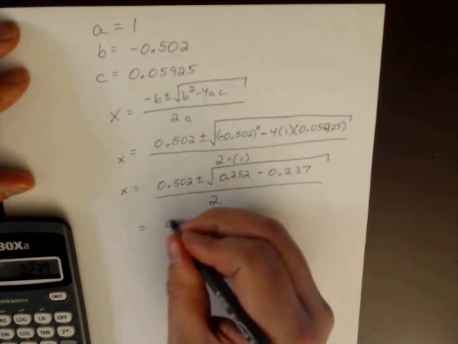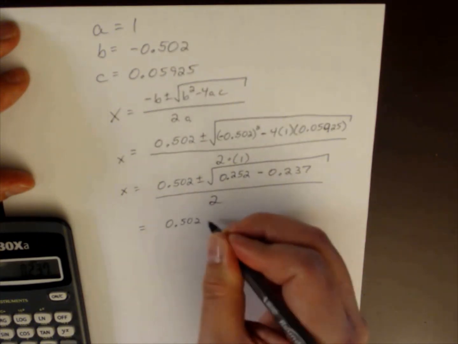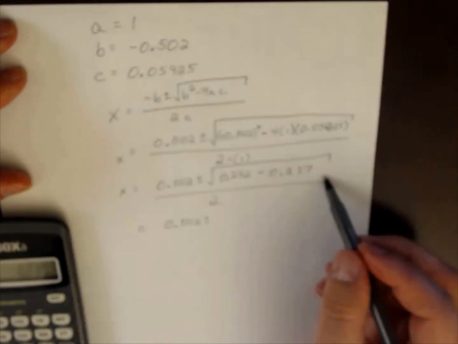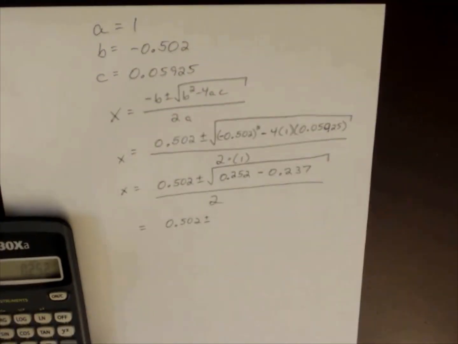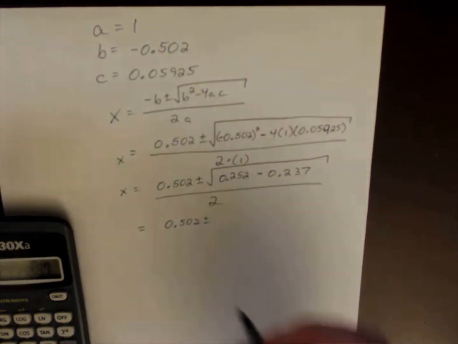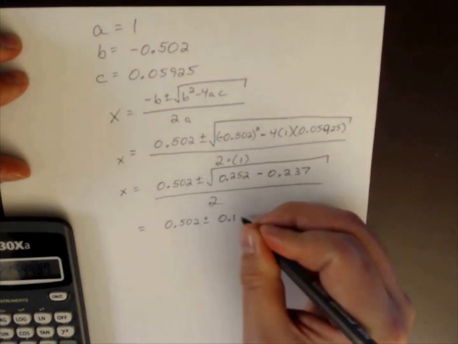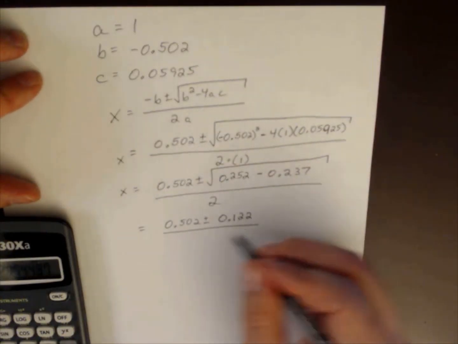That gets me 0.502 plus or minus. And so I take this 0.252 minus 0.237, and I square root that, and I get 0.122 over 2.